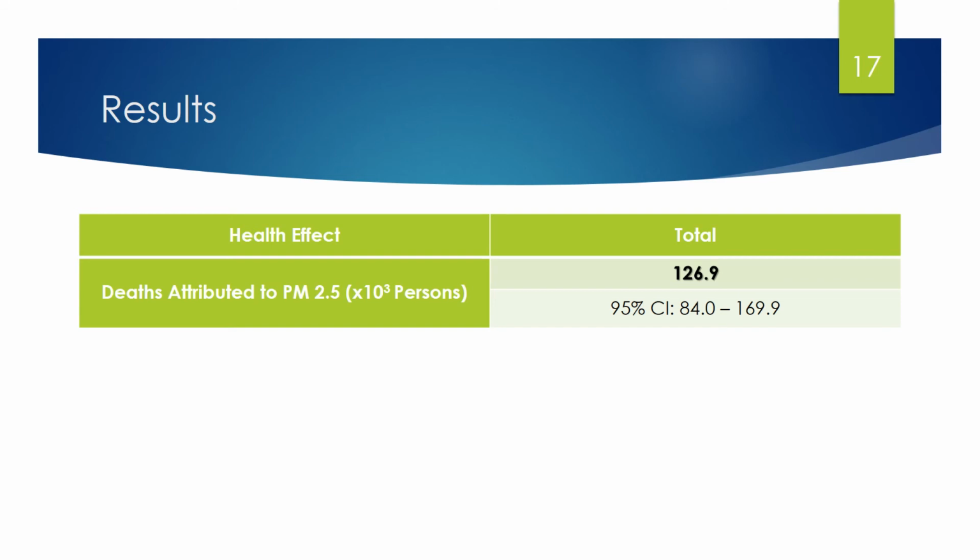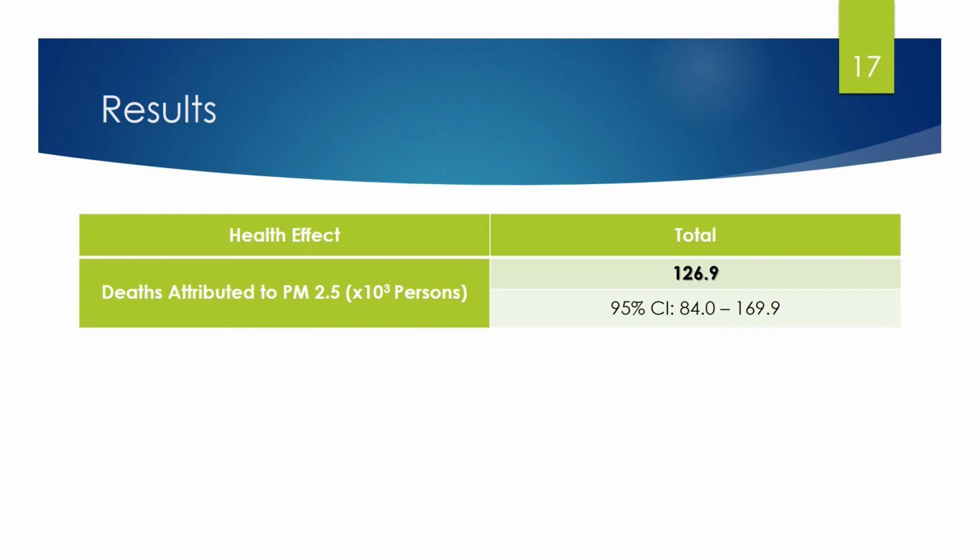Our analysis, which is based on combining all of the mentioned methods and aggregating the lives lost for each year in one central estimate, reveals that almost 127,000 lives were lost due to high PM2.5 levels in Saudi Arabia.